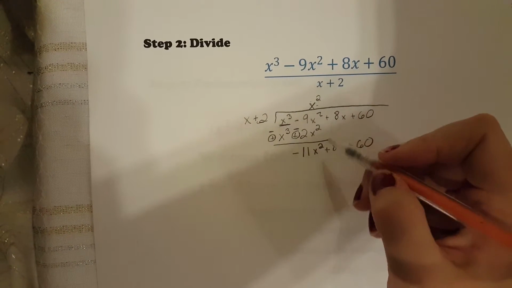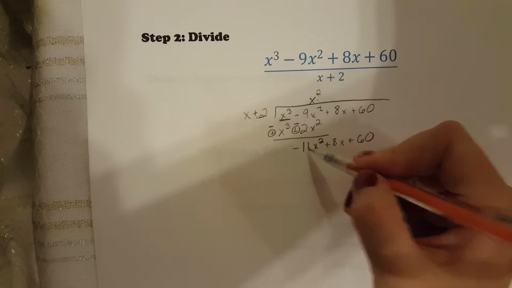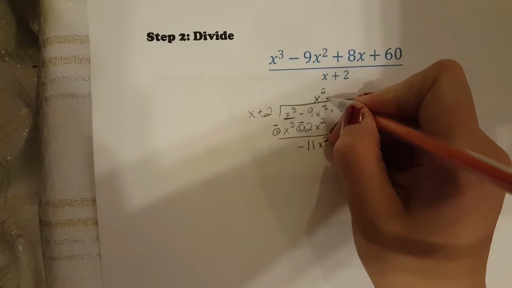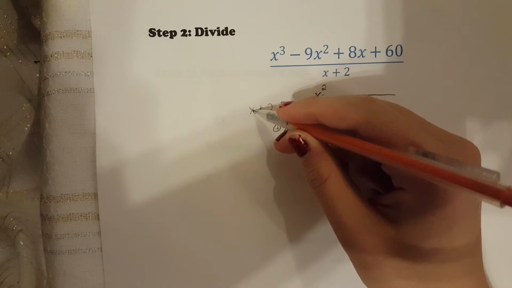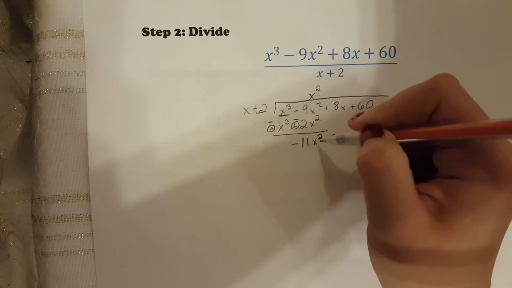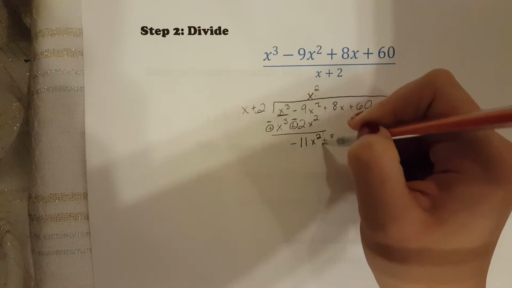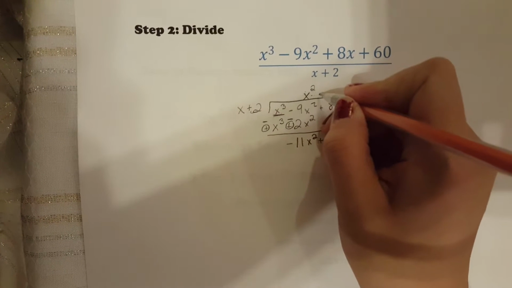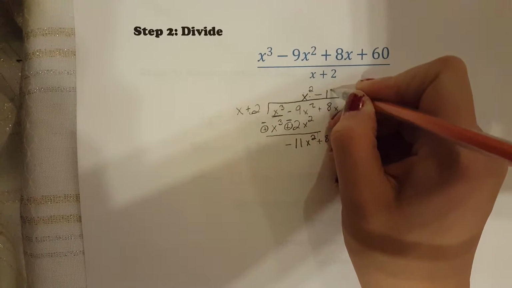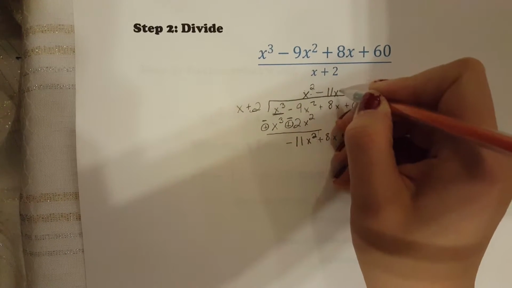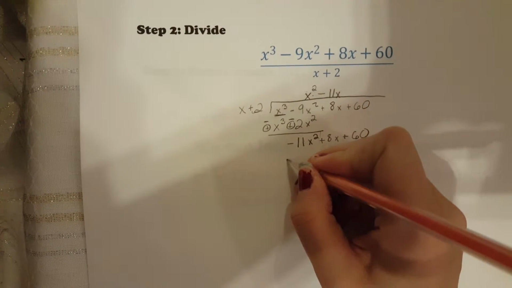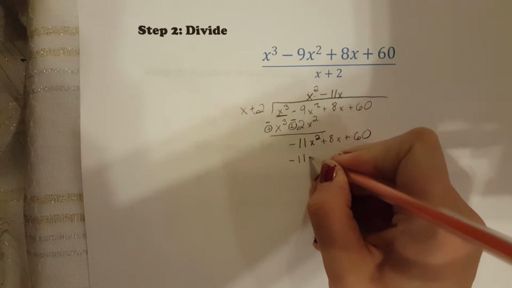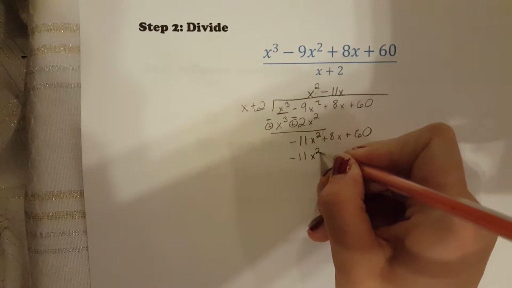All right, then we're going to do the same thing right here. We want to find something that will multiply to this x right here to give us negative 11x squared, just the first term. So if you notice, that would be negative 11x, because x times x is x squared, and then you'll have an 11, so it's negative 11x squared.